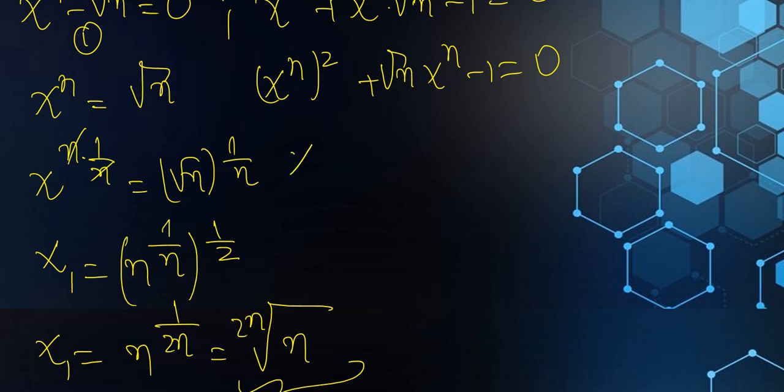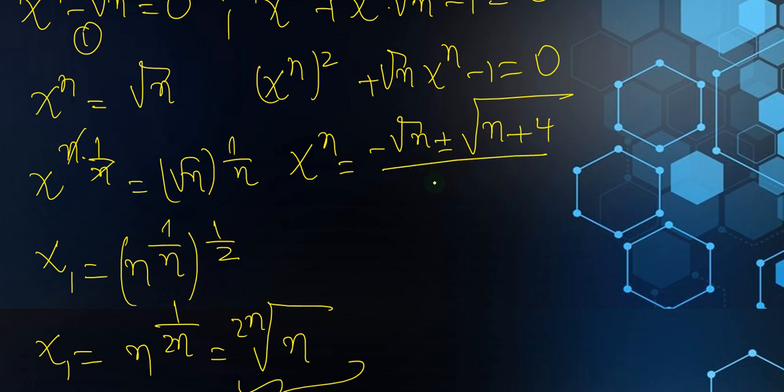So x to the n will be equal to negative b, which is minus square root of n, plus or minus the square root of b squared, which is this one, so just n, minus 4ac. We have c negative, so I'm gonna have plus 4, right? And plus 4 divided by 2a, and a is 1, so over 2 here.